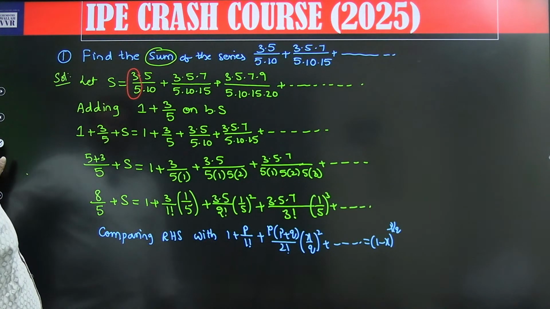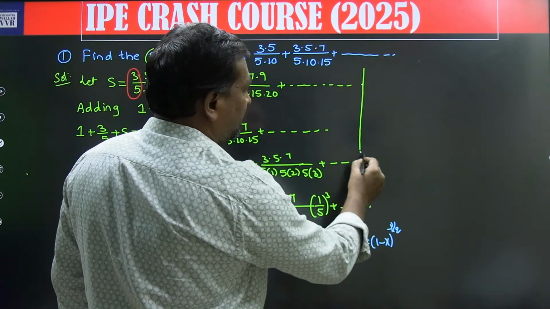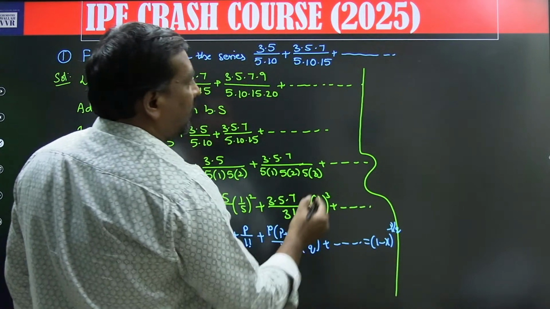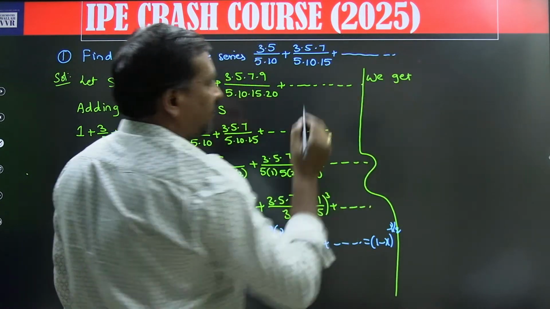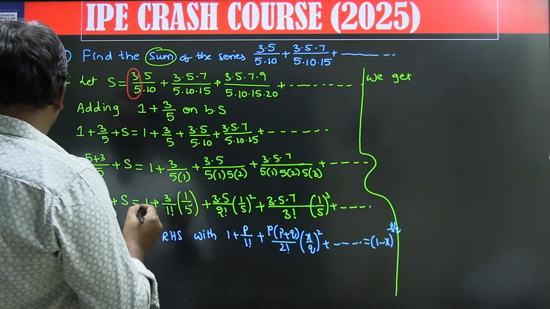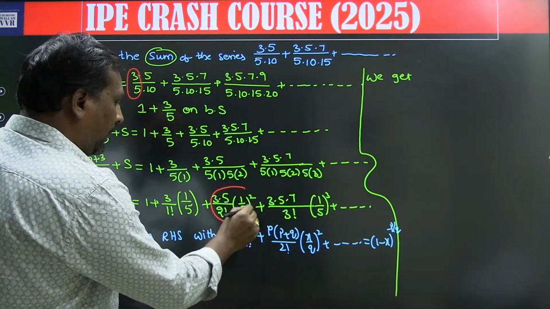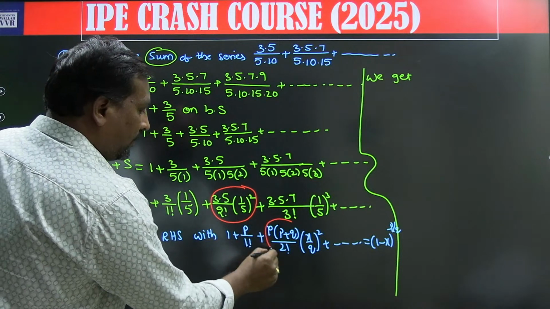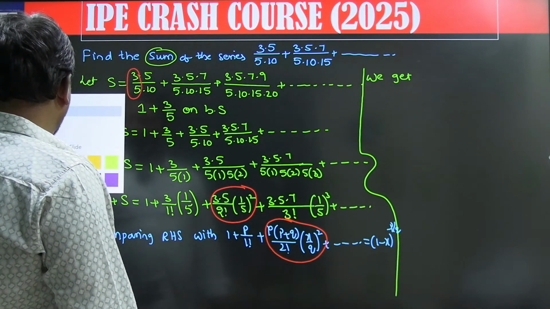So when we compare with this value, what do we get? Comparing the second value with this value, what can we get here now?